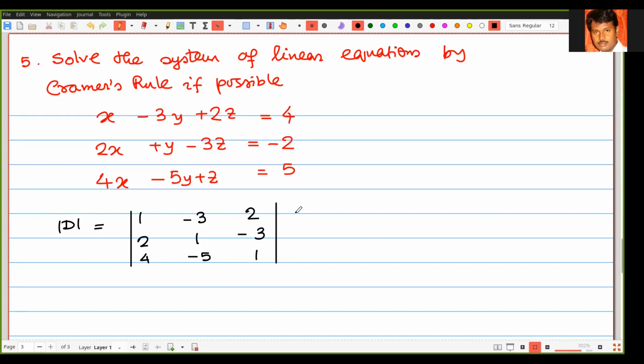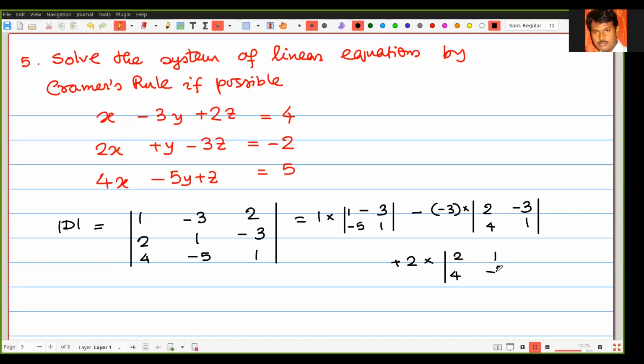So let's check what is the value. 1 into, that is 1 minus 3, minus 5, 1, then minus of minus 3 into, that is 2 minus 3, 4, 1, and then plus 2 into 2, 1, 4, minus 5.